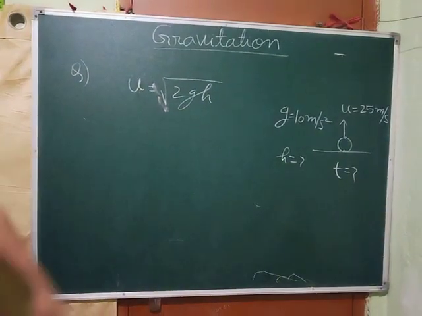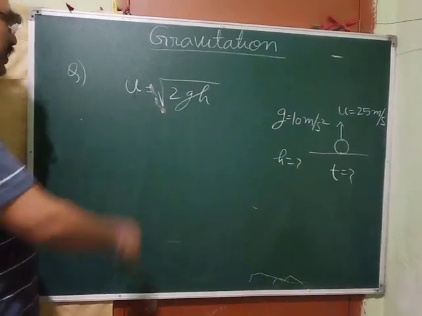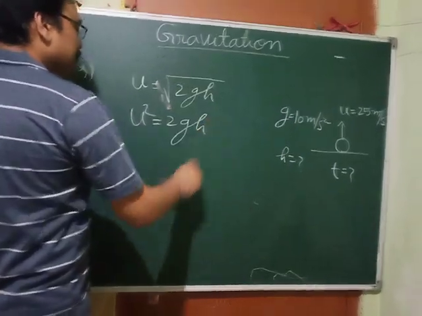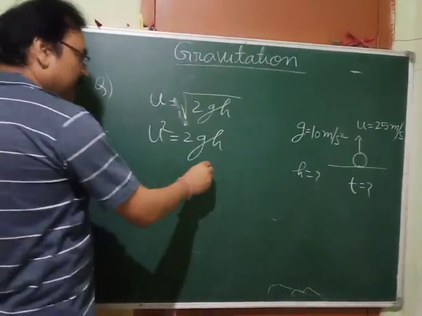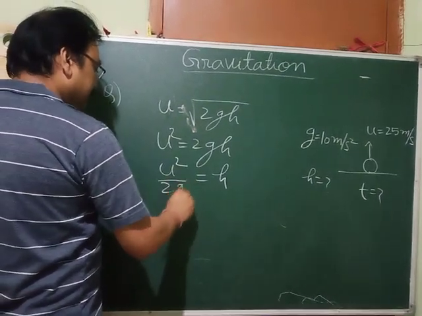U is equal to root 2gh. So U is known, g is known, you have to find h. So we can square it. U square is 2gh. Now we have to find h. h is equal to U square by 2g.